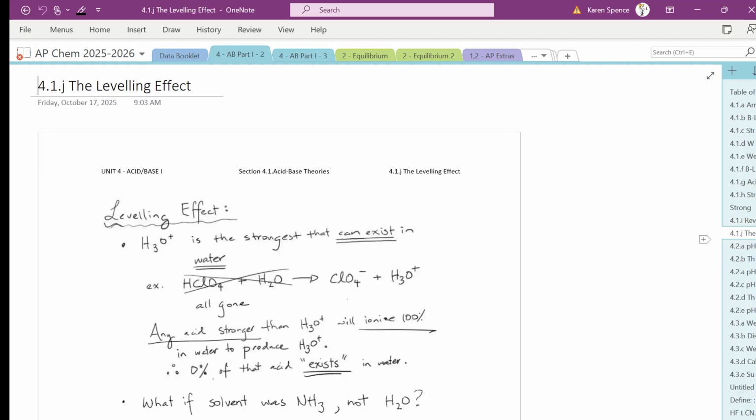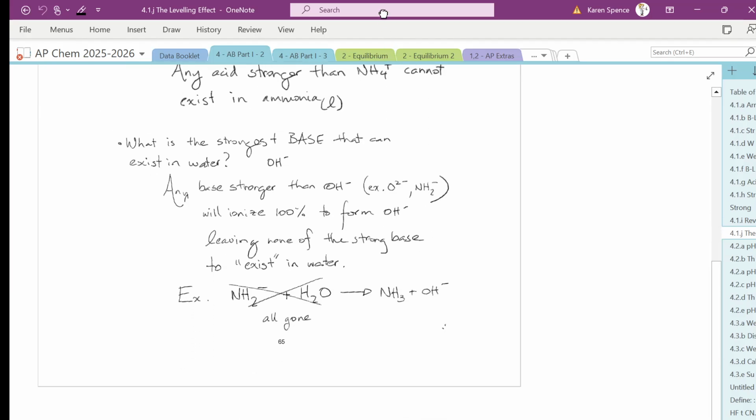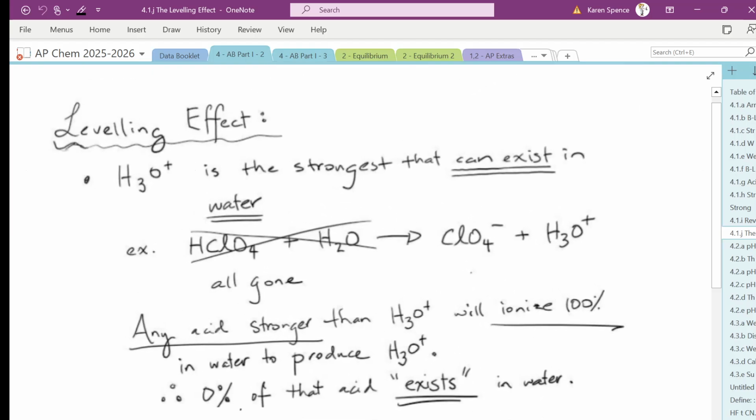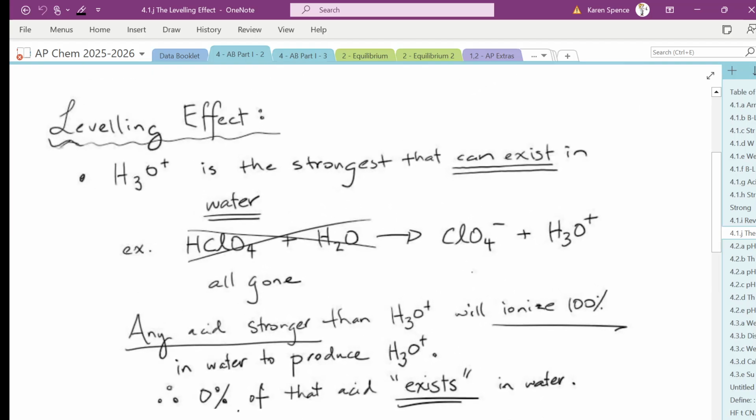effect, which is on page 65. It's just one page. So we'll talk about this and we'll come back to your question because it totally relates to this.